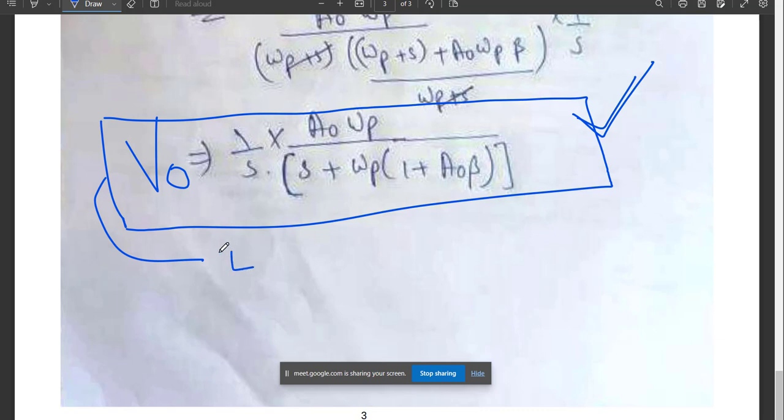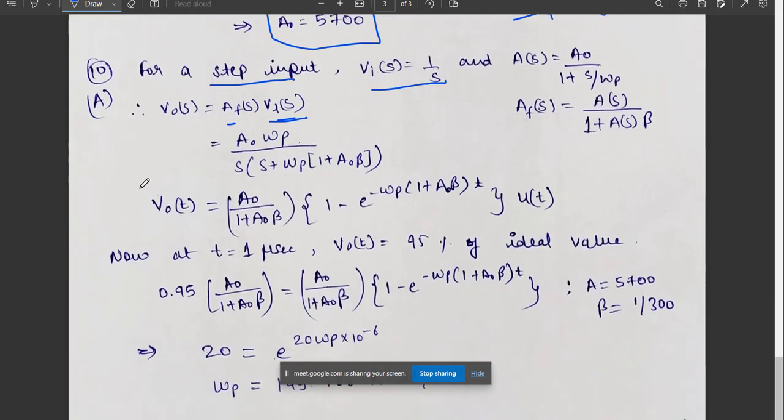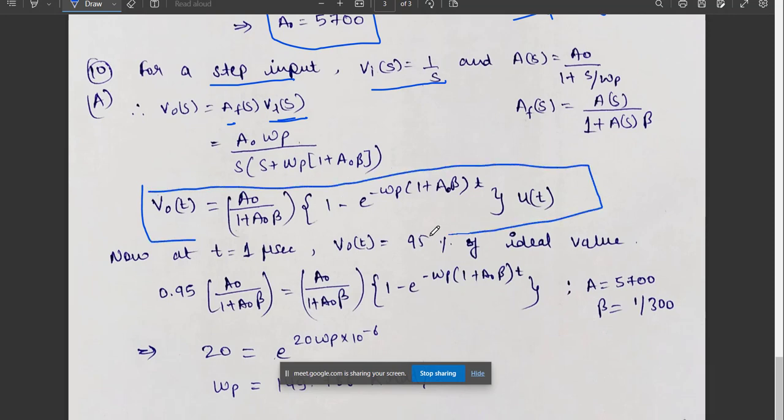We get V0 of t equals A naught upon 1 plus A naught beta into 1 minus e to the power minus omega p into 1 plus A naught beta into t, into u of t.